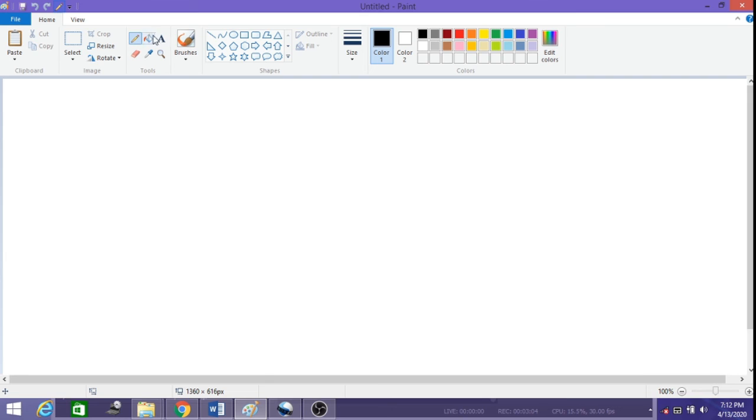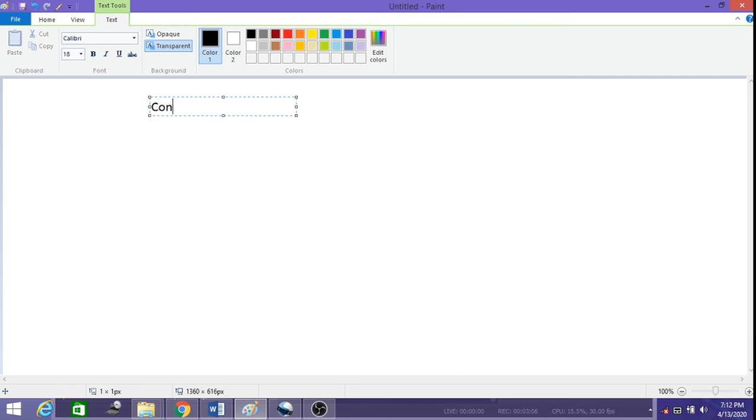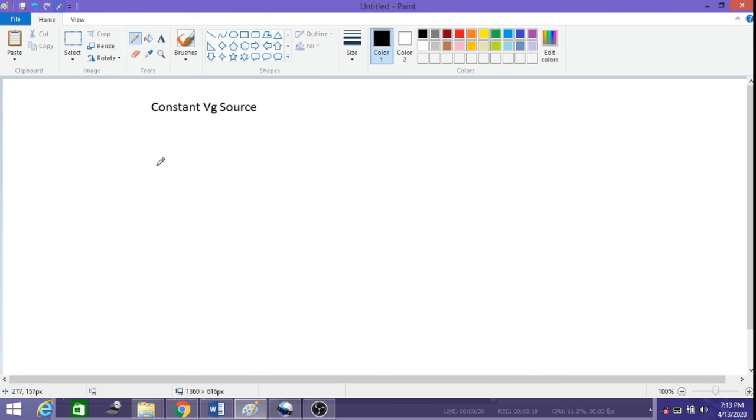I'll talk about the last circuit, the constant voltage source. If you want to generate a different voltage source apart from the inputs, then we can use this circuit here. It's a simple inverting amplifier circuit.